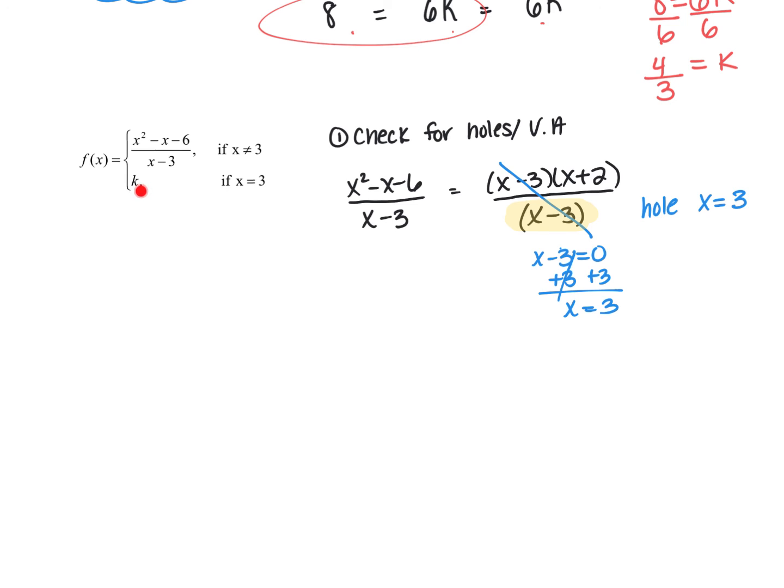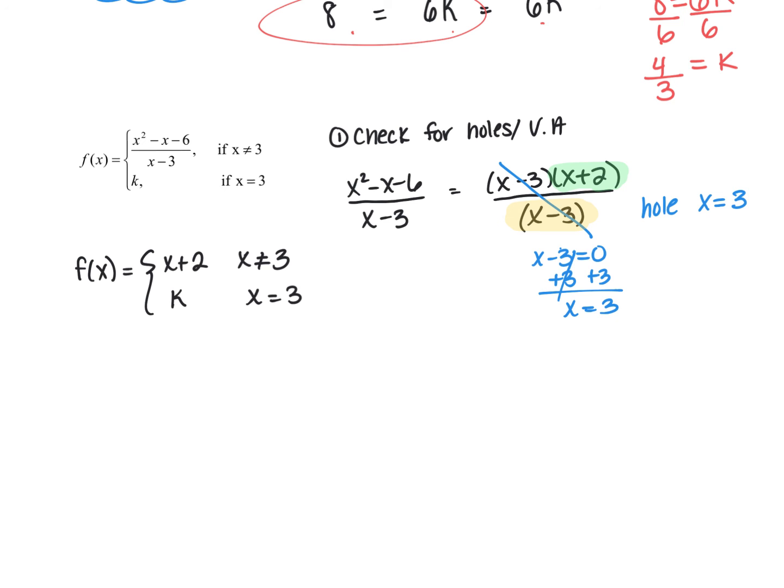So because this tells me there's a hole at 3, that makes sense here. We're going to use this function at the hole at x equals 3, and we're going to use this function everywhere else. So since we simplified it, it simplifies to x plus 2. We're going to use that x plus 2, so f of x equals x plus 2 for when x is not equal to 3, and we're going to use k for when x is equal to 3.